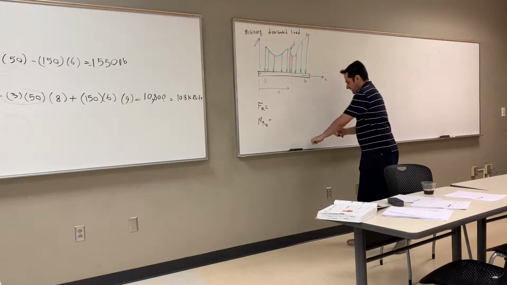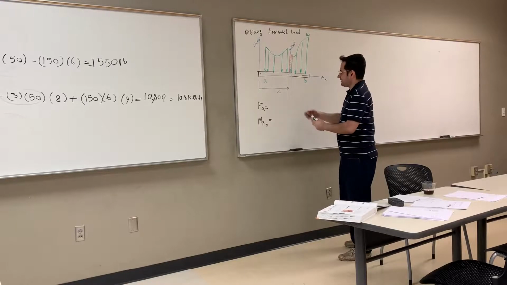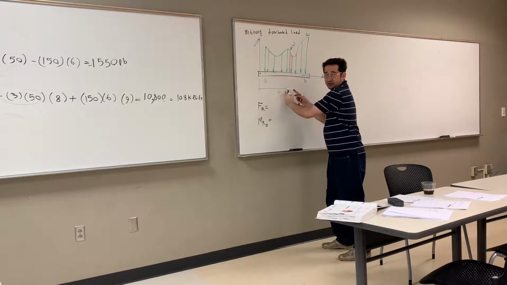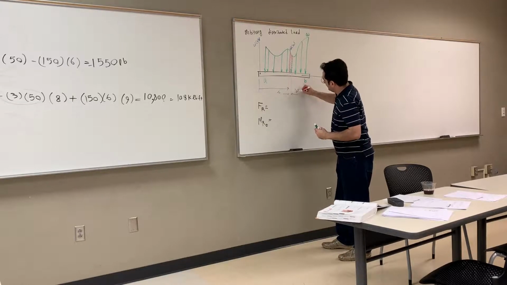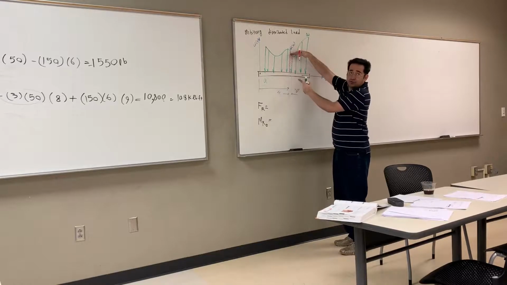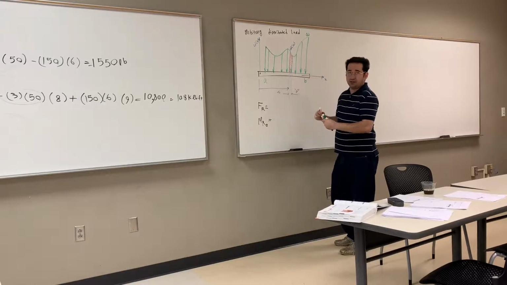What happens? Its width becomes dx. If this is x, then this width becomes dx. See that? dx. And its height is equal to omega at x, right?